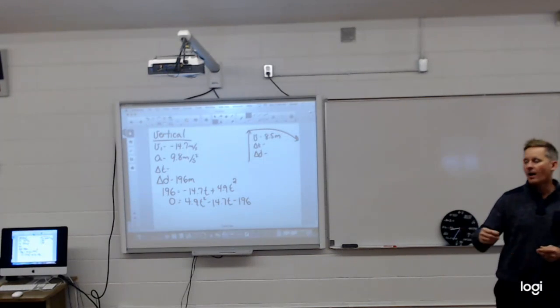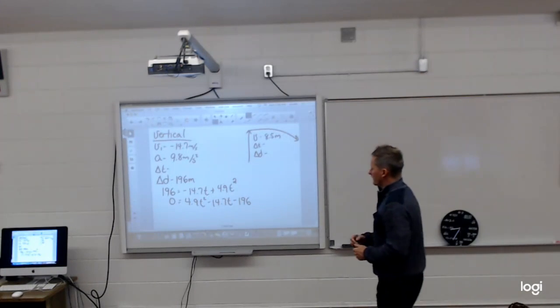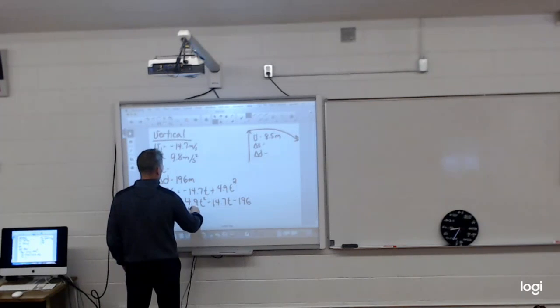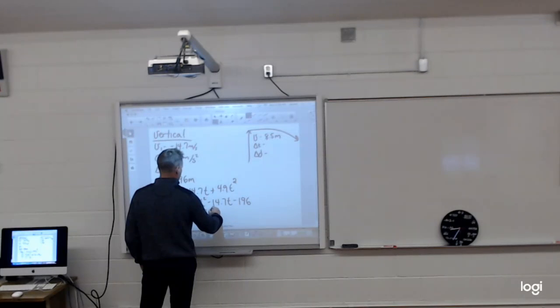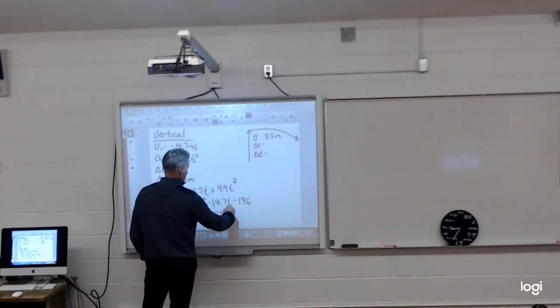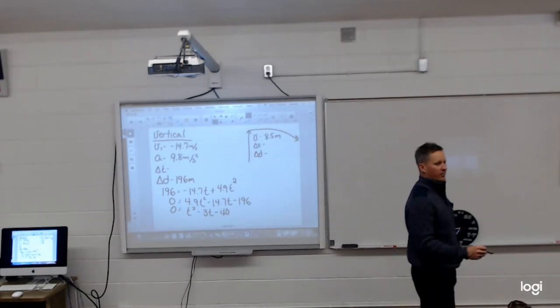So I'm going to divide everything by 4.9. That's going to leave me with 0 equals t squared minus 3t minus 40. Check that. 196 divided by 4.9. Yeah.